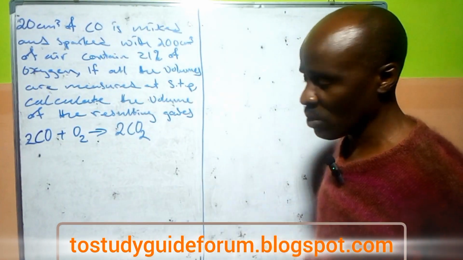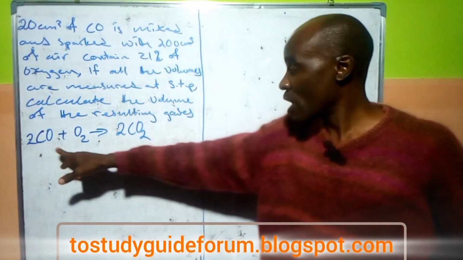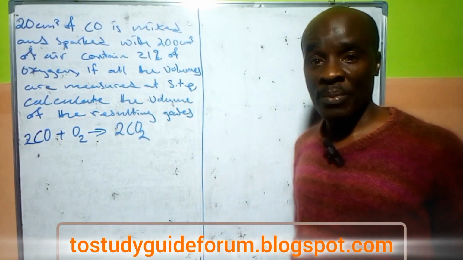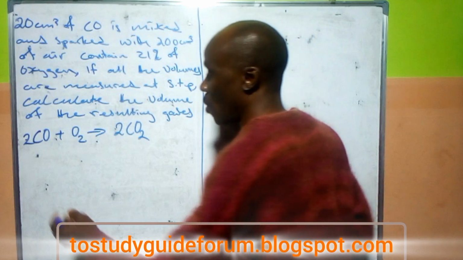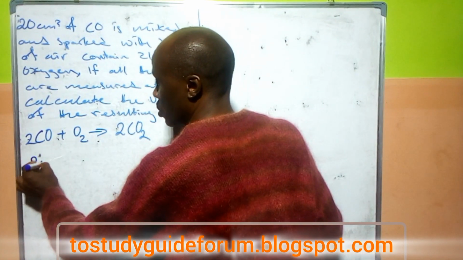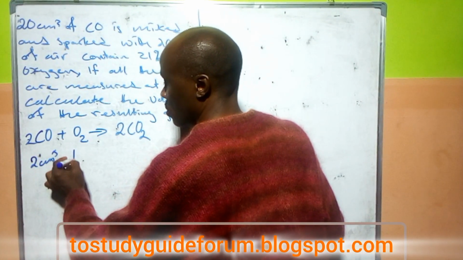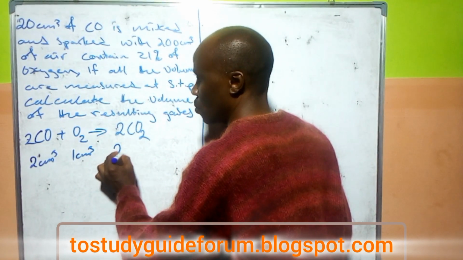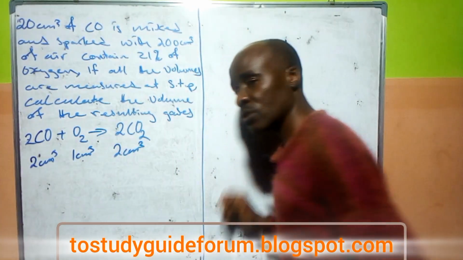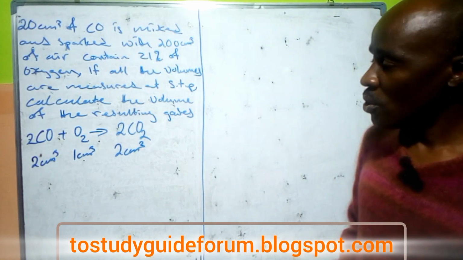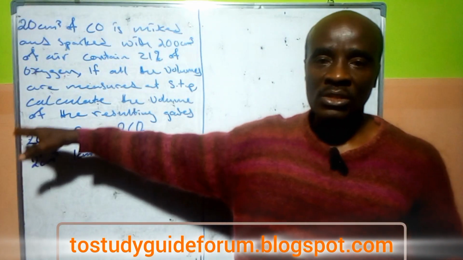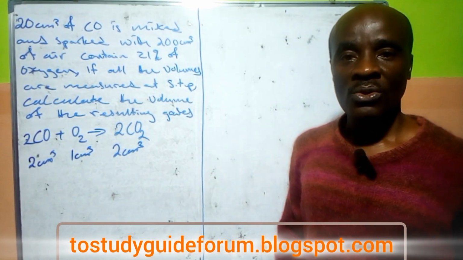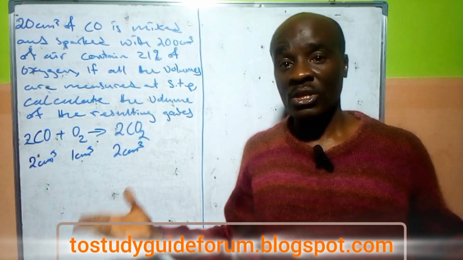Now let's look at this chemical equation to find out the ratio. That means if carbon 2 and oxygen are going to combine, they will combine in the ratio of the volume of 2 cm cube and what? 1 cm cube. Then to give us 2 cm cube of what? Carbon 4. So no matter the volume of gases you have here, they will always combine in this ratio. The rest of them will then serve as what?